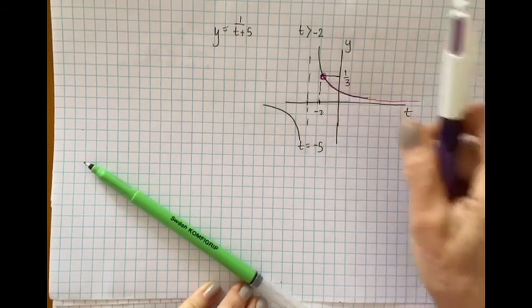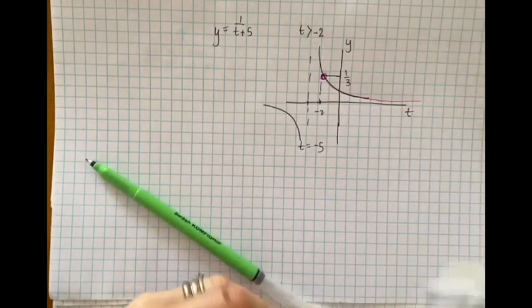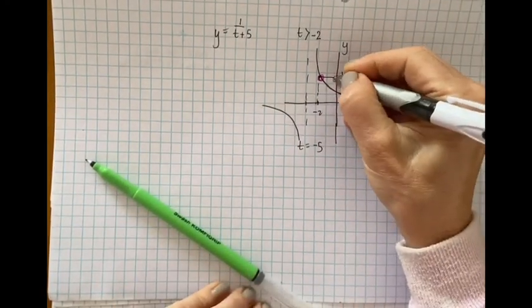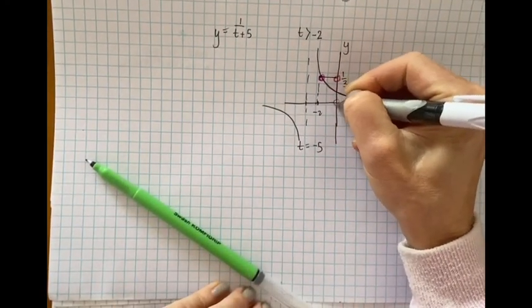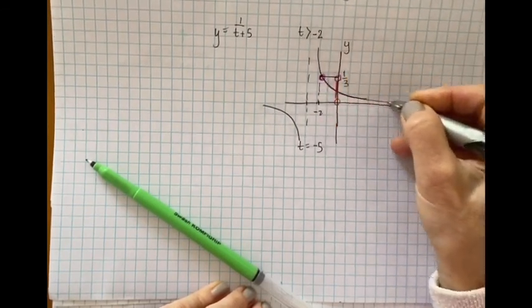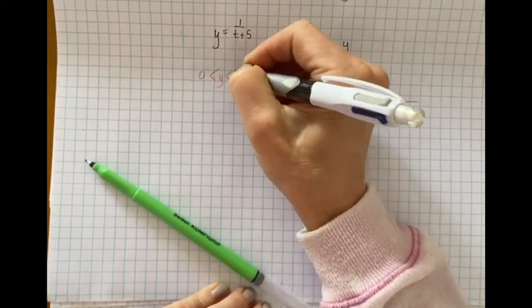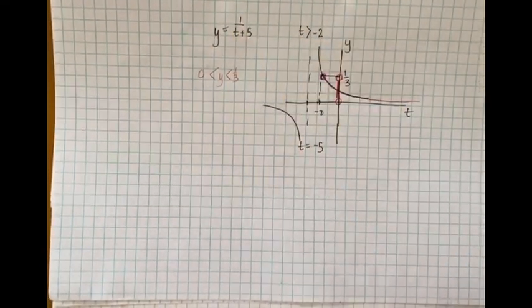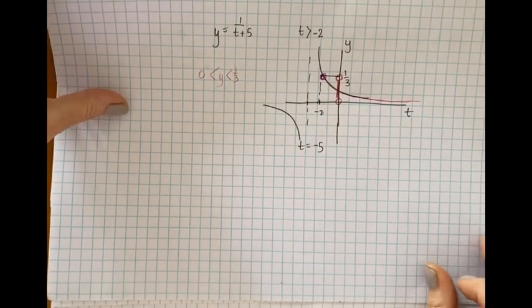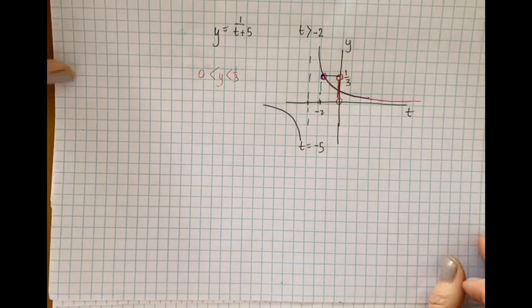So in effect you're going to obtain values only between 0 and 1/3, because you only have that part of the branch. So y is between 0 and 1/3, and this is your range for that function. Okay, so this will take you to exercise 8a.